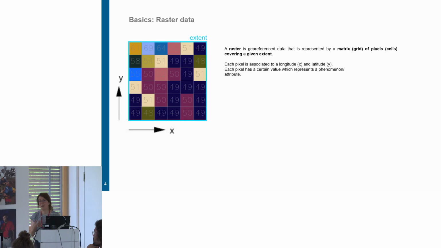It can be a categorical value, for instance in a land cover classification, where a pixel is urban or vegetation, but it can also be a continuous measurement. For instance, in the case of raw remote sensing data, surface reflectance is usually a continuous measurement.